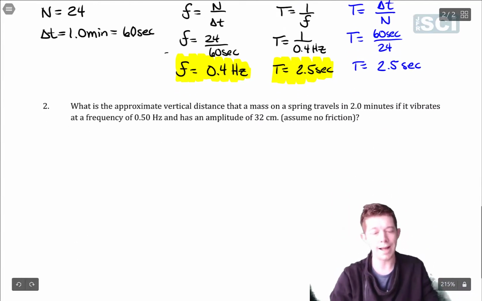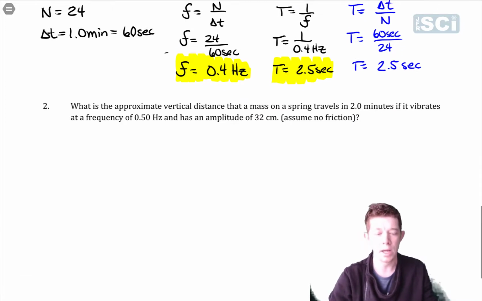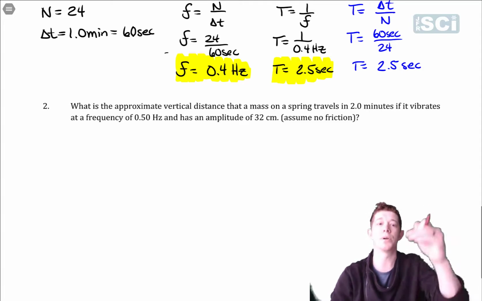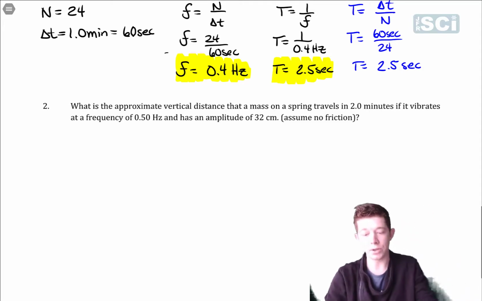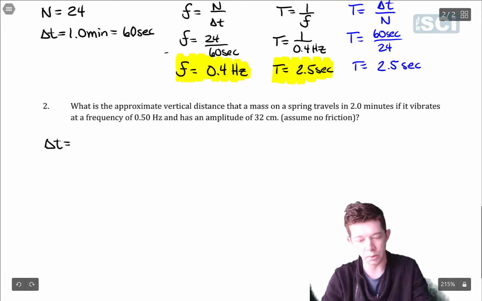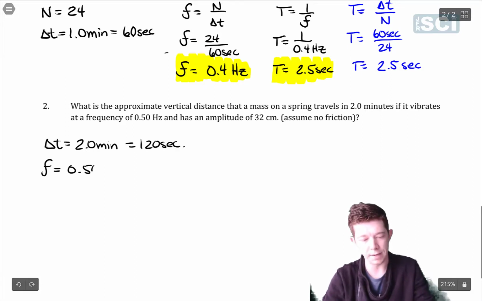Okay, so the last question here for us to try is we want to determine the vertical distance that a pendulum undergoes if it's allowed to travel for 2 minutes. So we know that the time that we're going to work with is 2 minutes, which is 120 seconds. And the vibration has a frequency of 0.5 hertz.